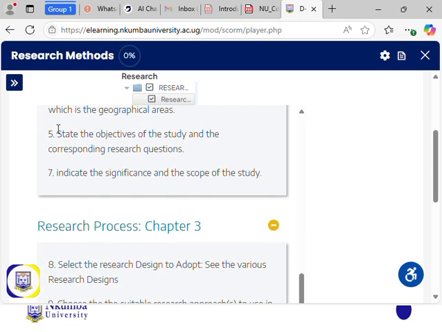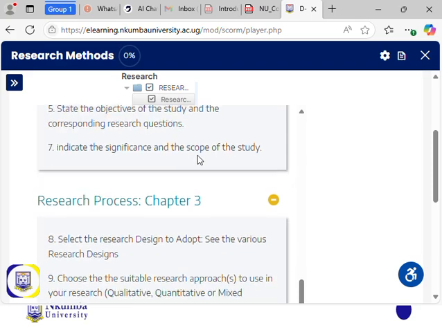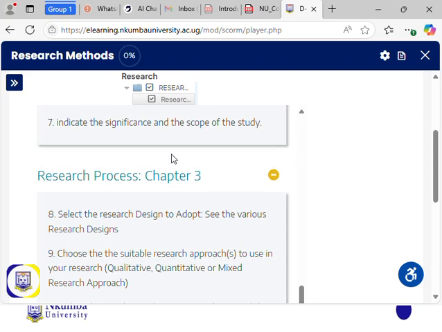Then here is: state the objectives of the study. We are going to see how to state objectives of the study. To reduce congestion of this process, objectives of the study were not stated here, because the focus of this section is the research process.